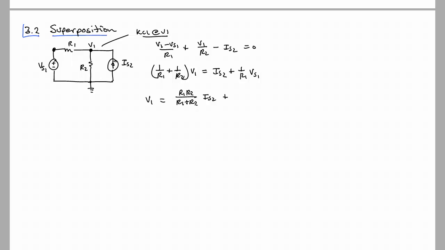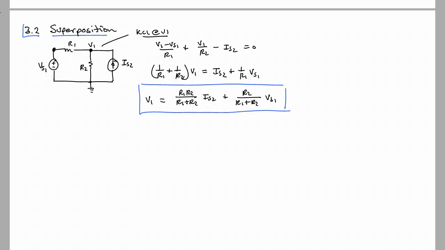And so what I'll have for my second term is R2 over R1 plus R2, because the R1 got canceled, times VS1. So not a hard problem, just one node, one equation, one unknown.